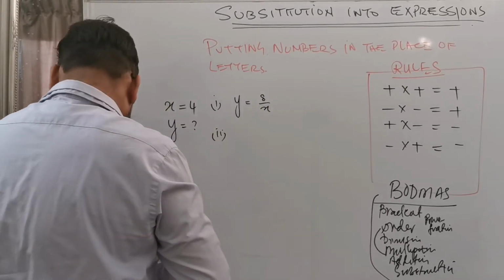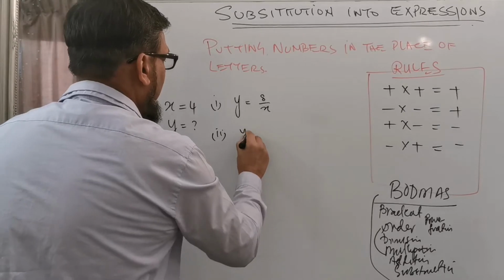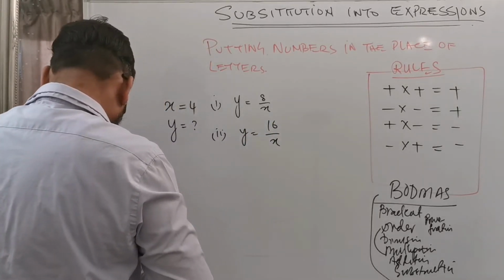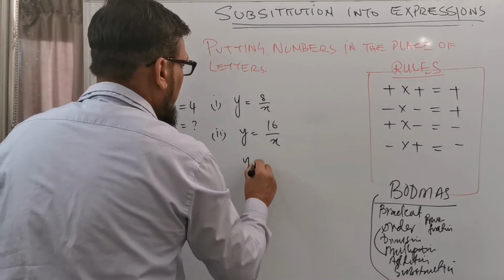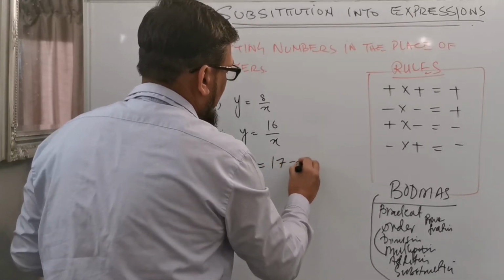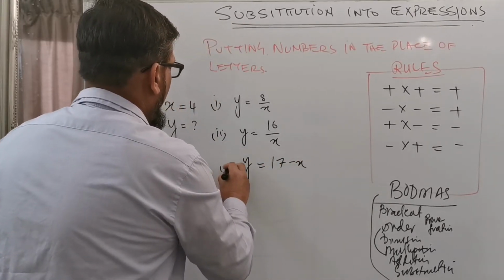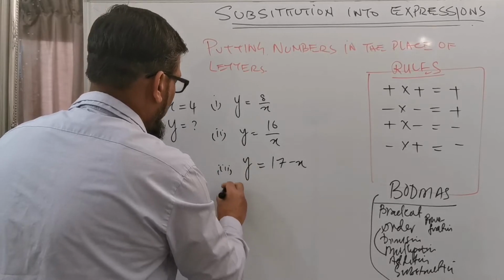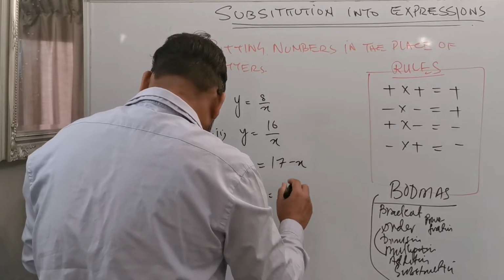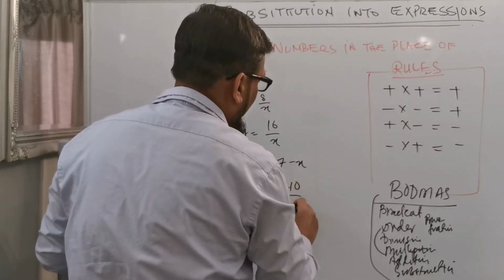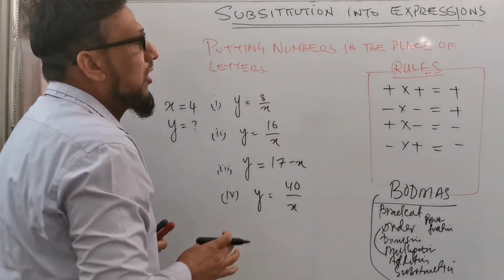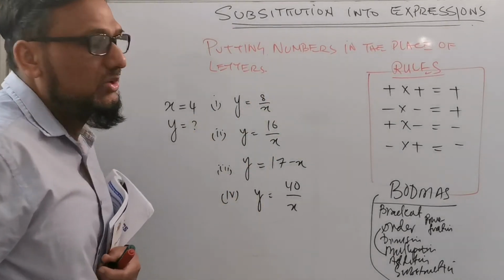The second question says y equals 16 over x. Then y equals 17 minus x, and question 4 is y equals 40 over x. So you simply substitute the value of x which is given in the question.